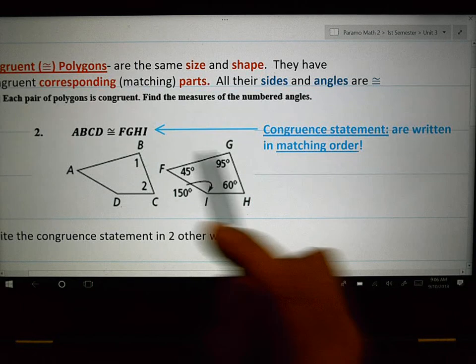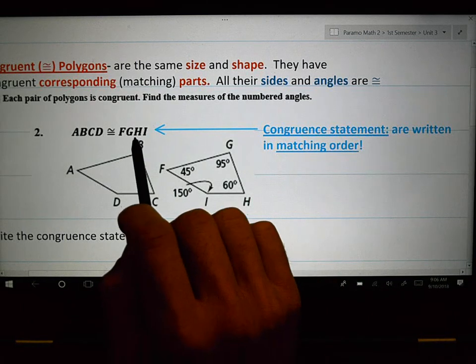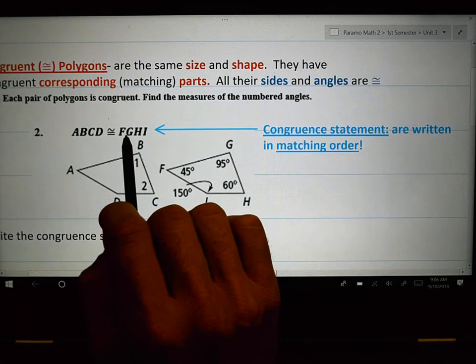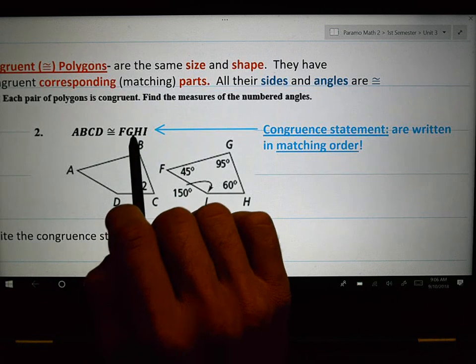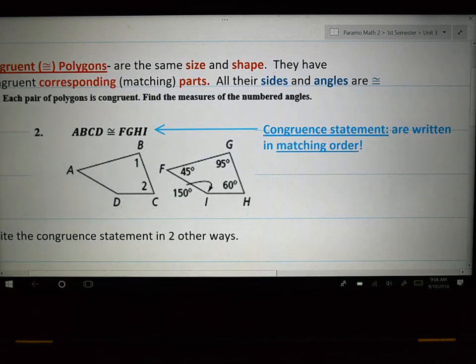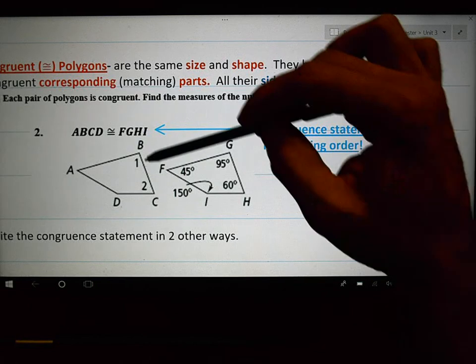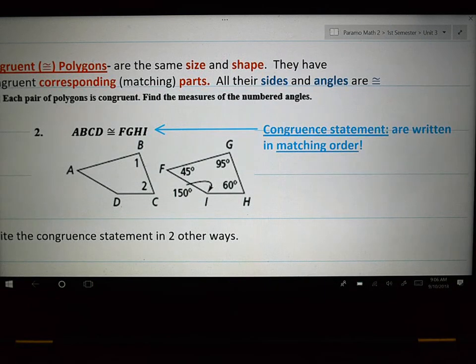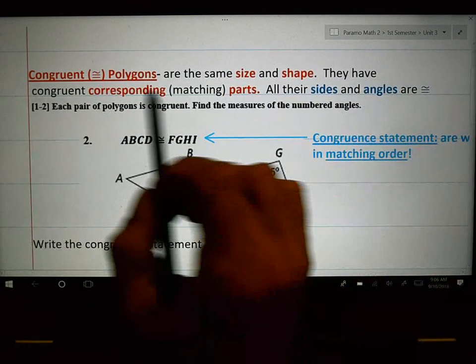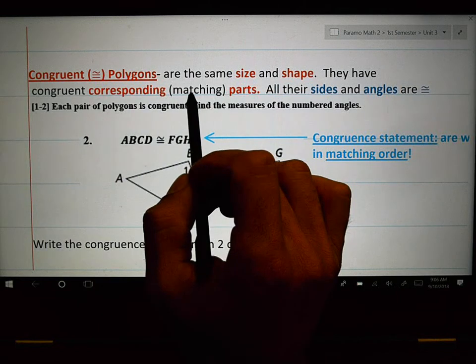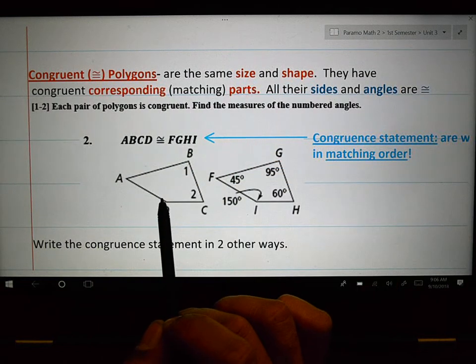If they're the same shape and same size, they should match up. B should match up with angle G, C should match up with angle H, D should match up with angle I, and this side length would be the same as this side length, and so on. That's what that means. They have corresponding, matching parts.